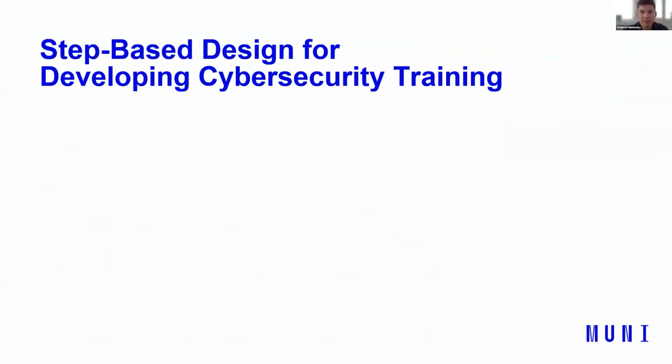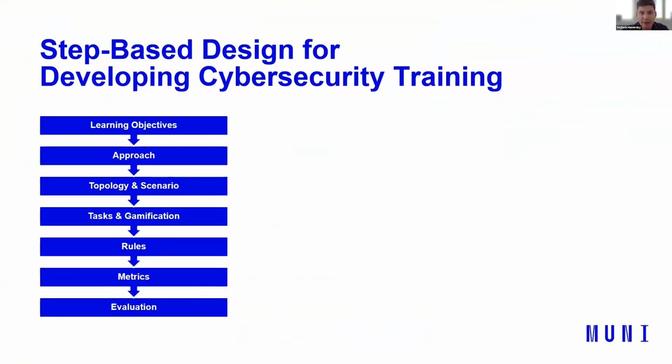So basically, the steps are the following. You can imagine it as a process from general ideas to very specific steps like rules, etc. For learning objectives, they can be based on so-called SMART goals and the NICE framework, which was presented by Jakub earlier.